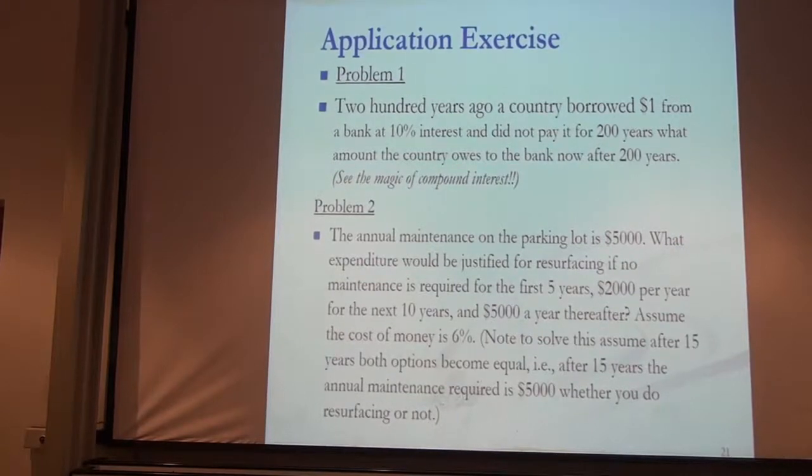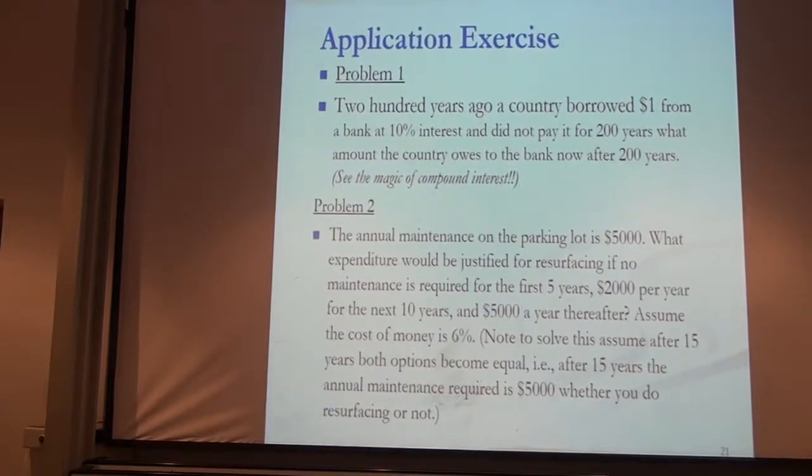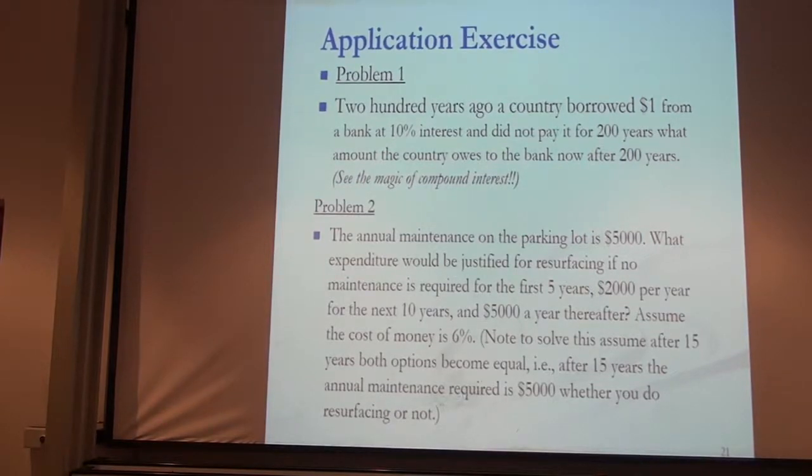But for resurfacing, you have to invest and pay for that resurfacing. If you do that, you will have first 5 years 0 cost, and then next 10 years you will have $2,000. After 15 years, both the options, do nothing and resurfacing, will become equal. So your analysis is only for the first 15 years.